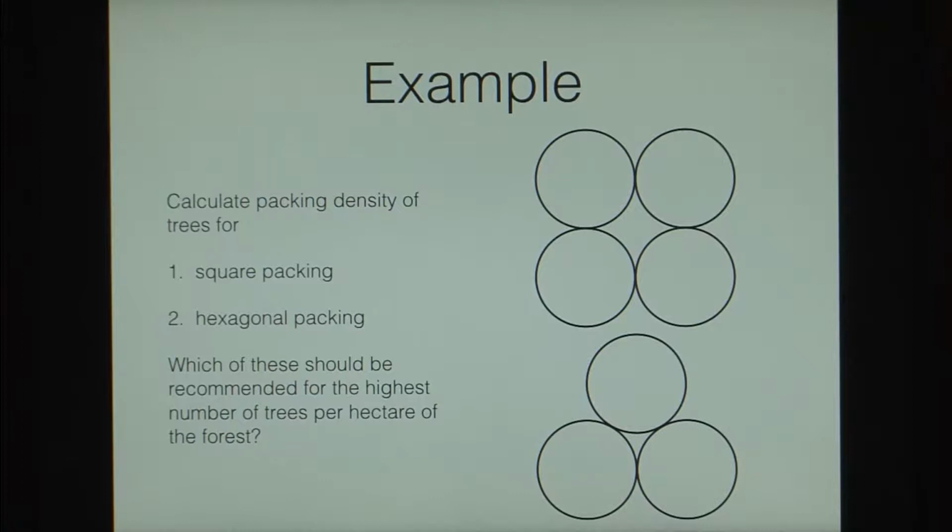Suppose you planted trees in a regular grid, and this is a rectangular grid. Later on this tree will have a canopy like this, the next tree will also have a canopy.